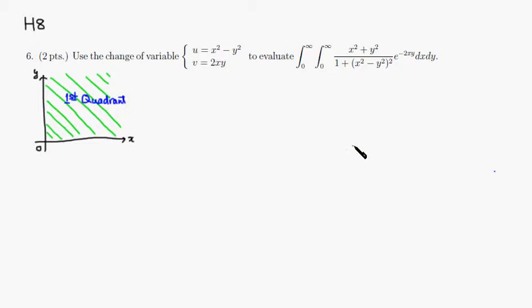Then we're going to translate into the UV plane. So let's draw that. I'm going to draw a U axis, and here's my V axis.